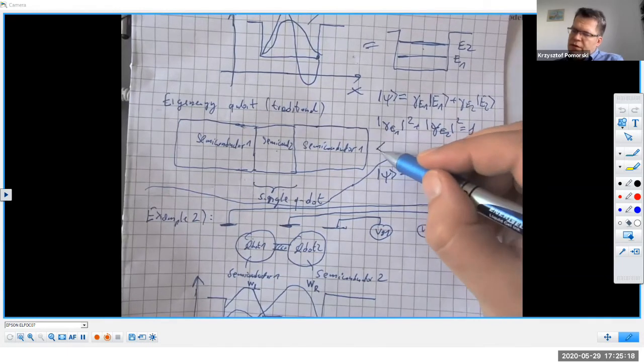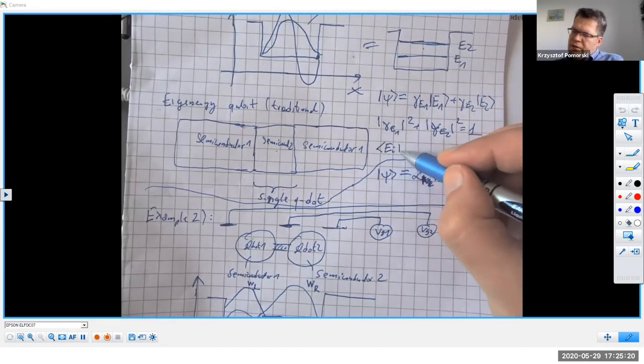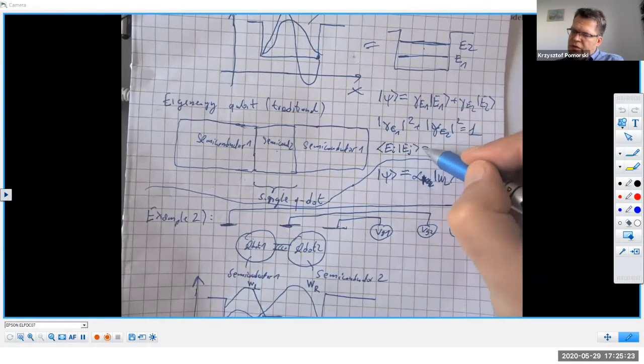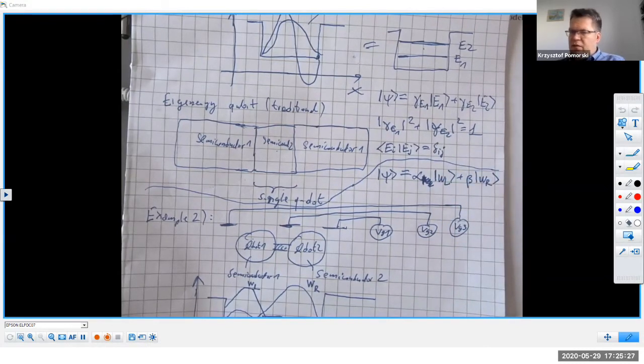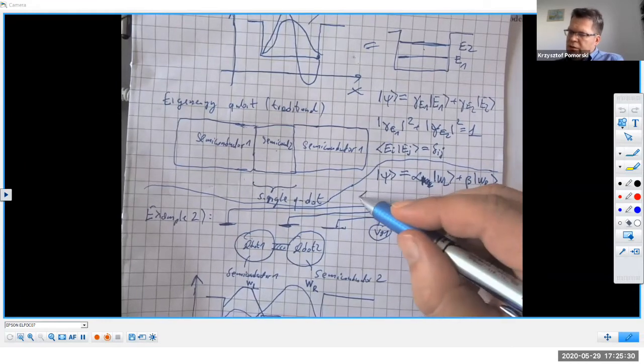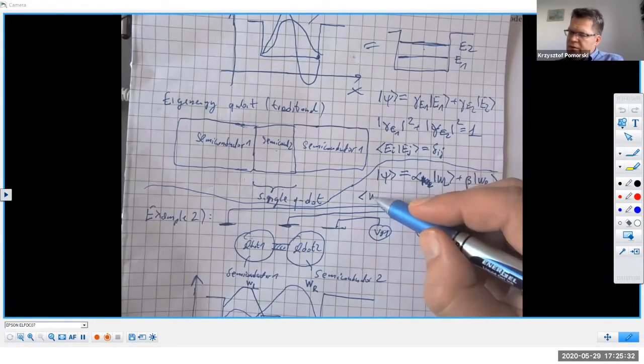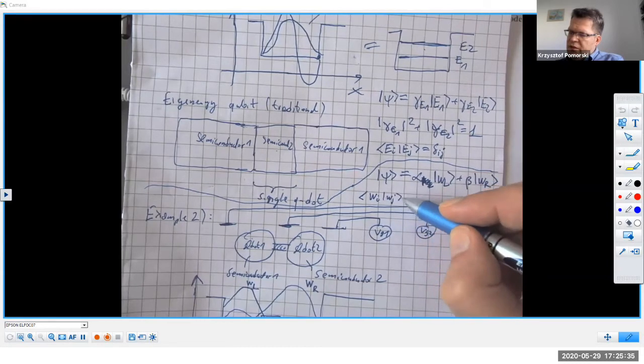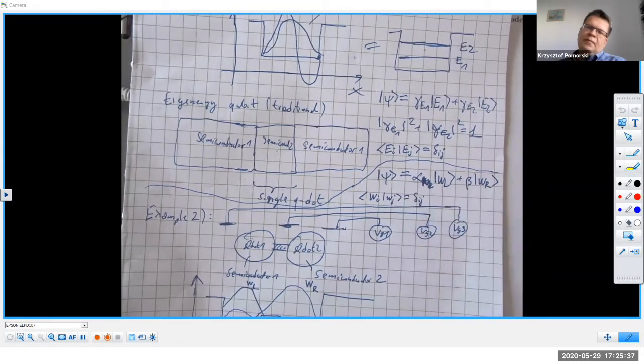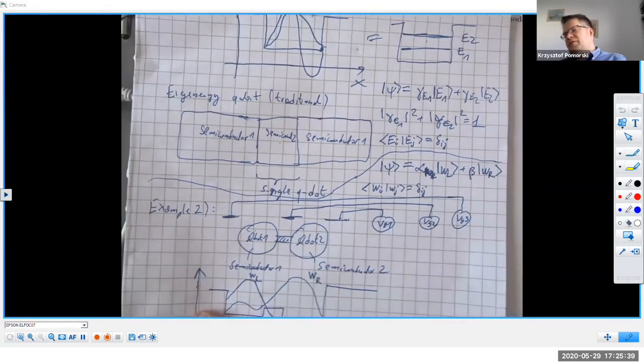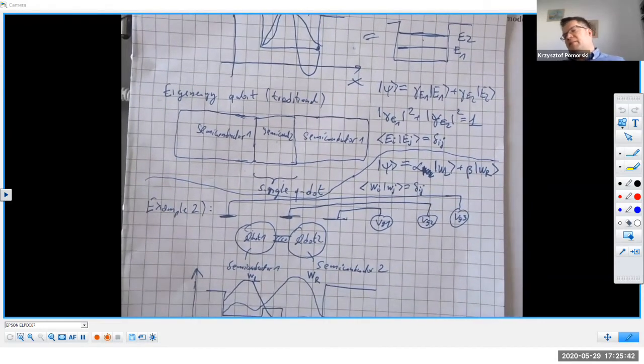Here we have this orthonormality principle, which says that the states are orthonormal. Here we also have this Pj. The difference is that the maximally localized left wave function and right wave function are a linear superposition of 2 eigenenergies.